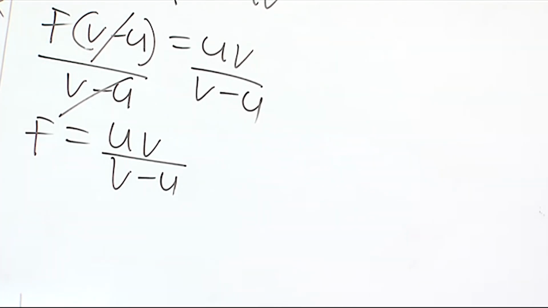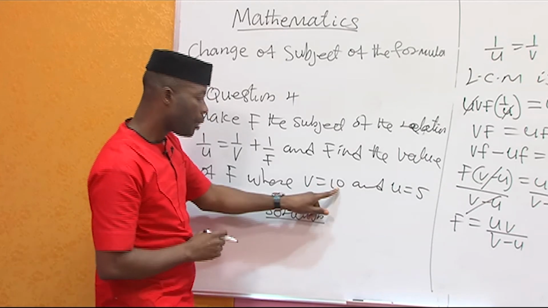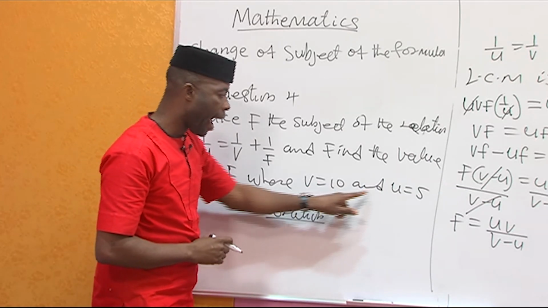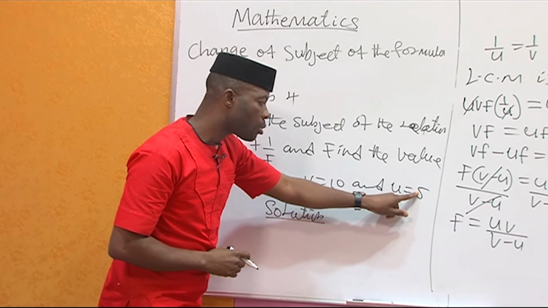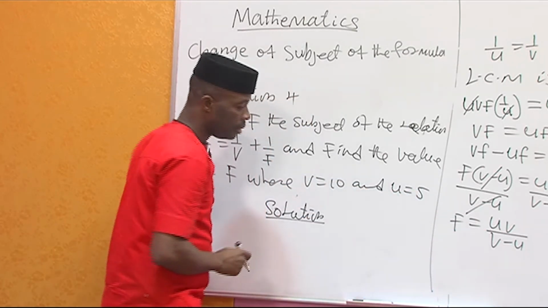But there is a condition: V equals to 10 and U equals to 5. So you put them inside the equation.